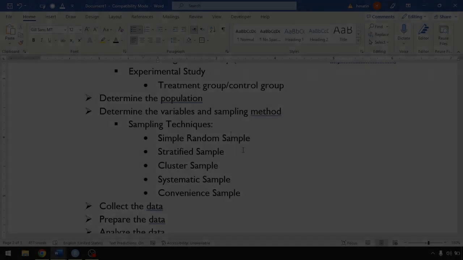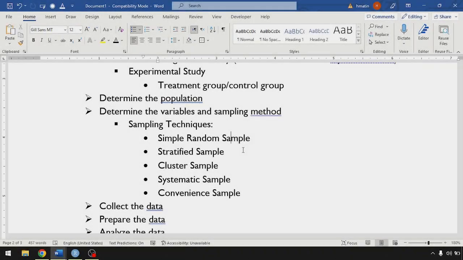Here are five sampling techniques that are very common in surveys. The first one is a simple random sample. Let's not worry too much about the definitions. Rather, I would like to explain what the objective of each of these techniques is.